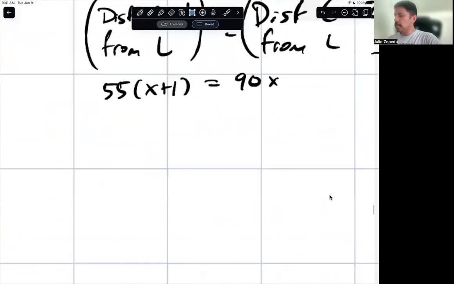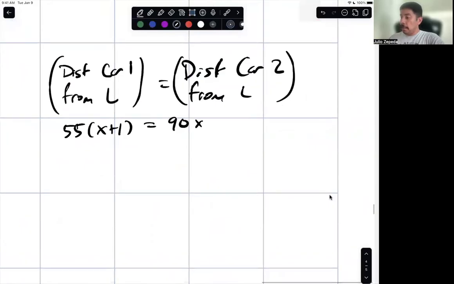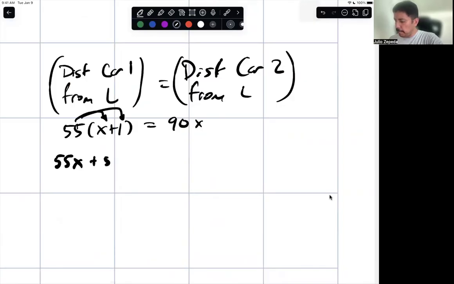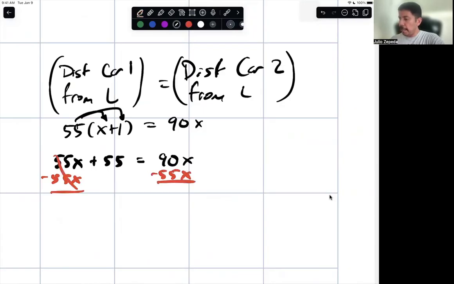This one is not too bad. We can distribute, and we have 55x plus 55 equals 90x. If we subtract 55x, then we have 55 equals, what is this, 35x?